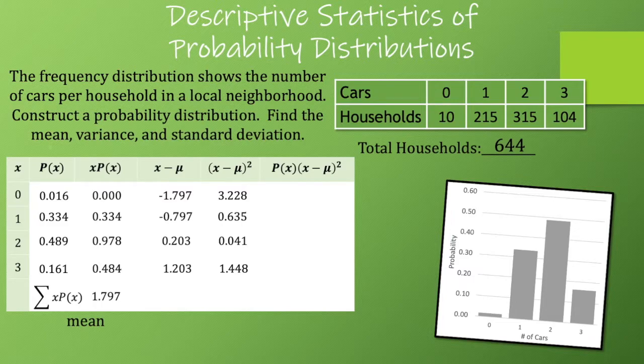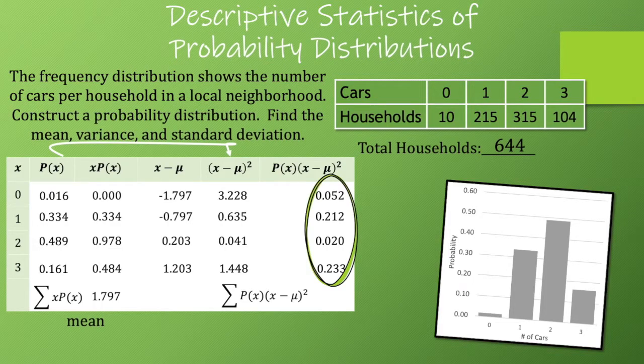The final column says to take p of x times x minus mu squared. So we'll multiply each of those together. We get 0.052, 0.212, 0.020, and 0.233. Now we're going to add all those together.